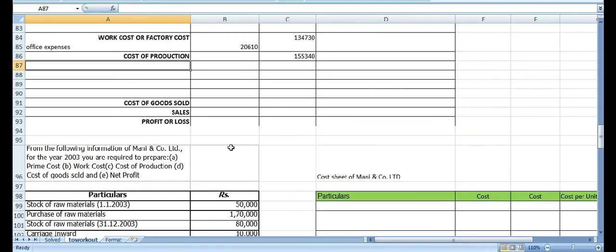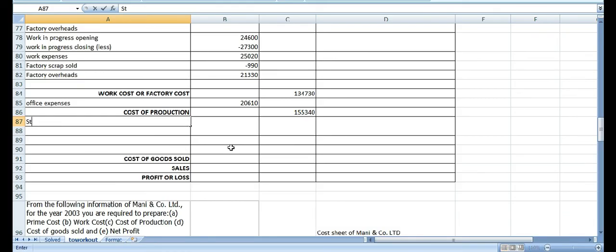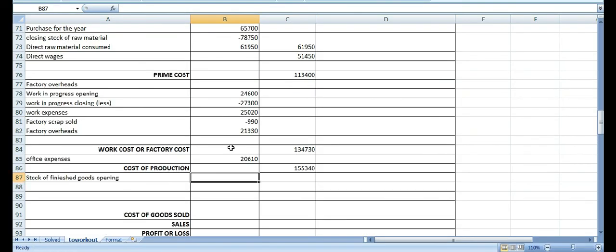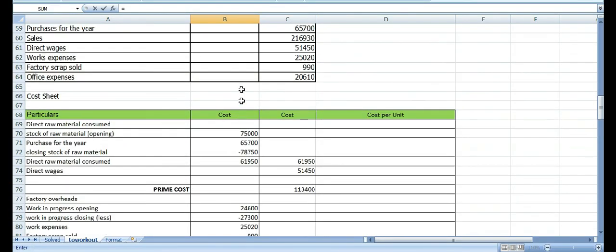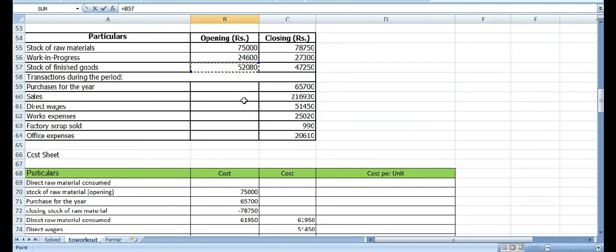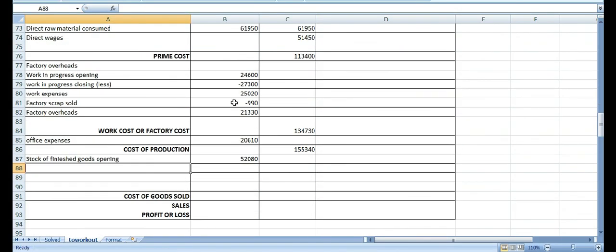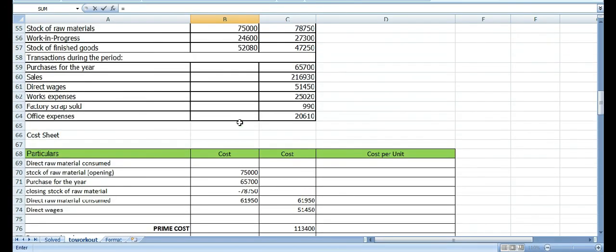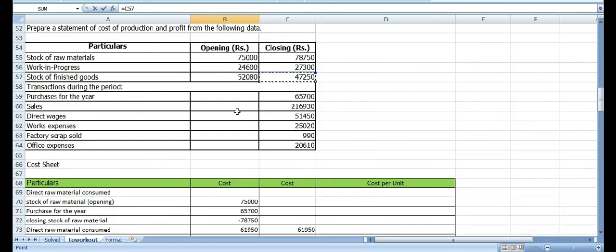So stock of finished goods opening we have to add, that is 52,080. Stock of finished goods closing is 47,250.